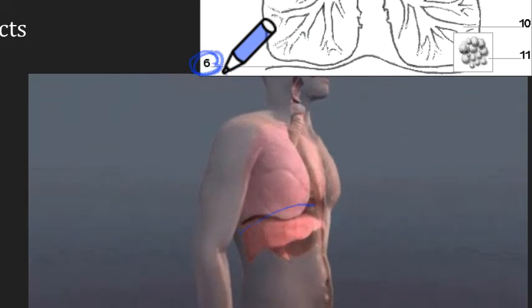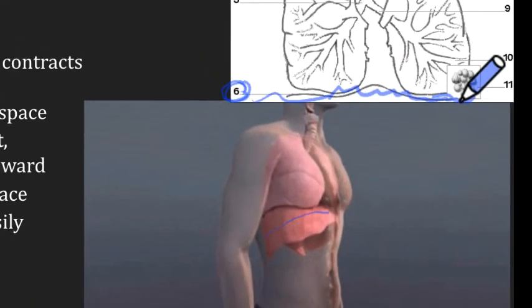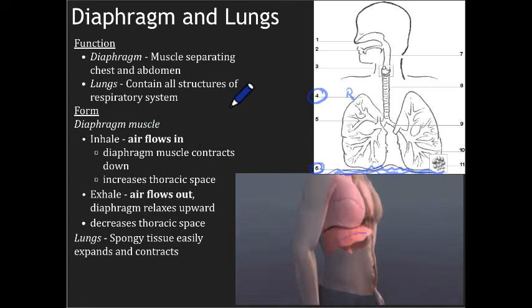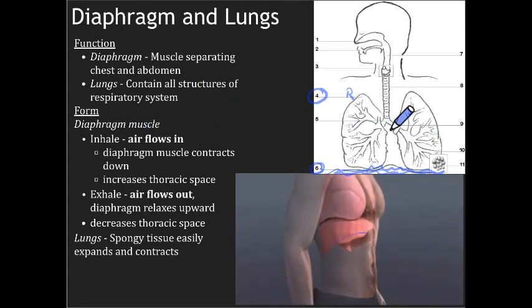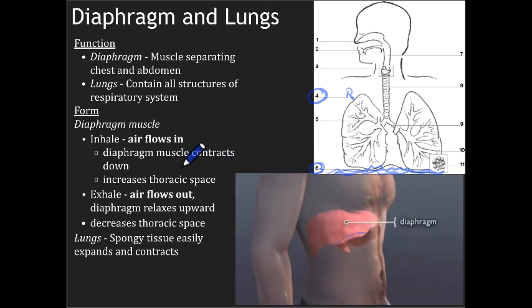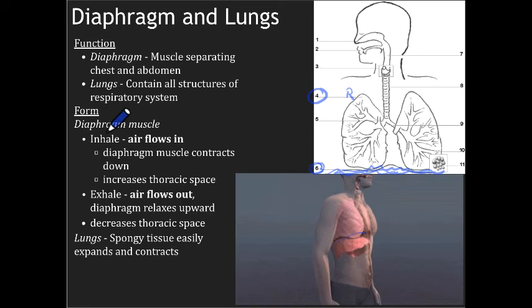It's number 6, which is the diaphragm down here. So how does that work? Well, lungs contain all of those structures we talked about, the bronchi, bronchioles, alveoli, all that stuff. So how do they expand and contract and fill with air? It's all about this diaphragm that you see here.